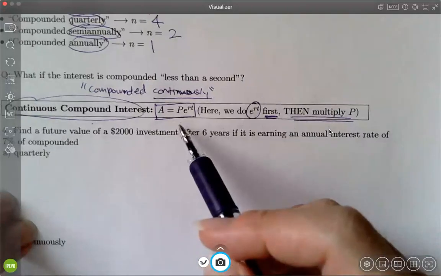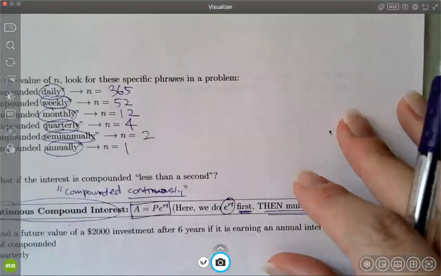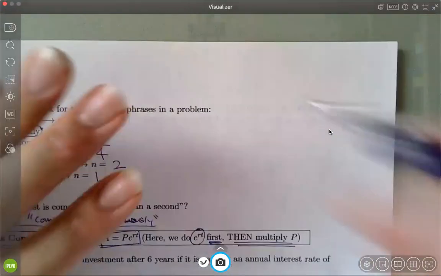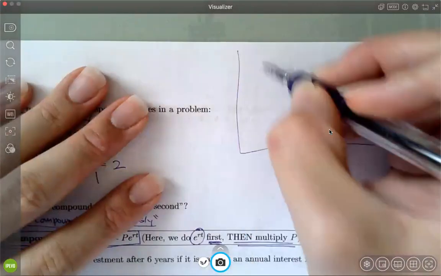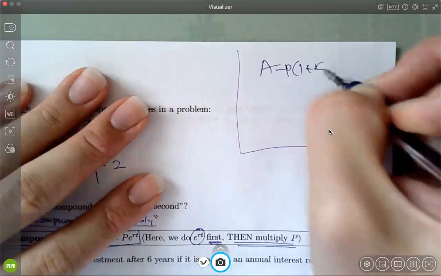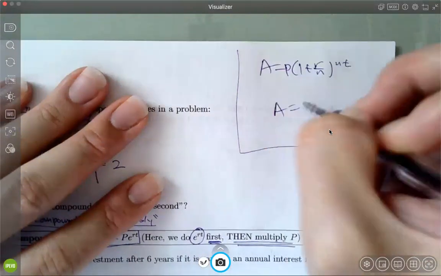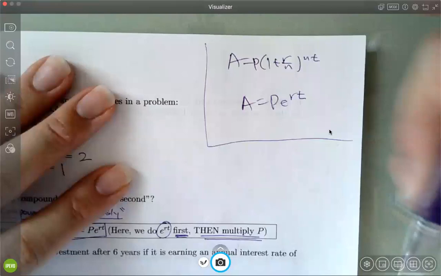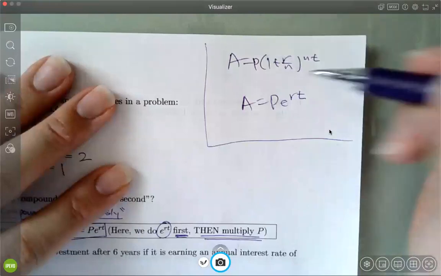On the exam day, I will give you these 2 formulas, but I'm not going to write down what each letter stands for, or which formula has to be used on which problems. I'll just give you these two formulas, and you have to choose which formula to use and which number goes into which letter.